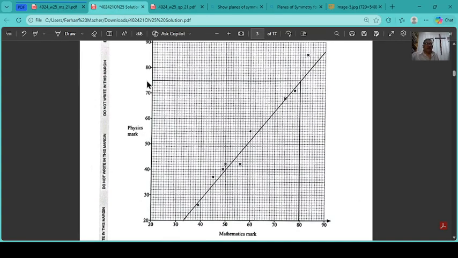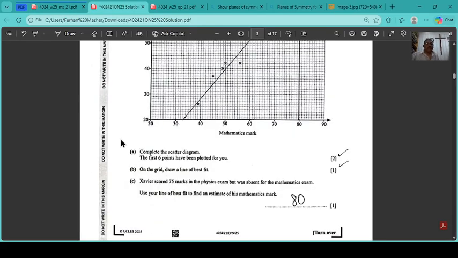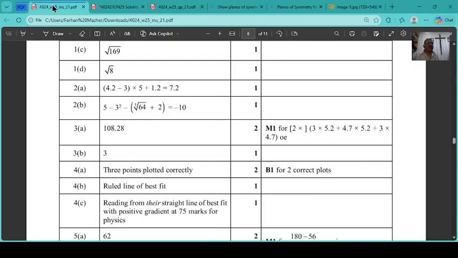Physics is represented on the y-axis, so from here on the y-axis, I will look for 75. From 75, I will draw a line until it cuts the line of best fit, and then I will check what the marks are under that point of intersection. They are 80 marks. So I will write that answer. It is 80 marks. Let's check.